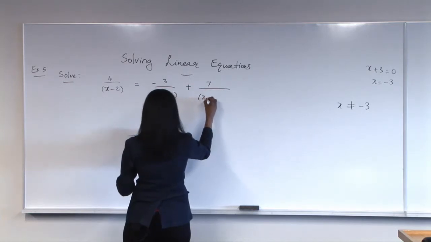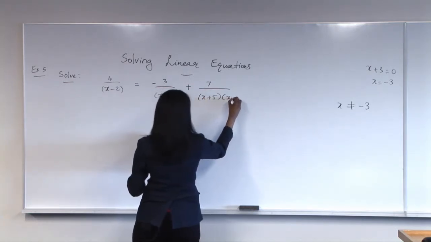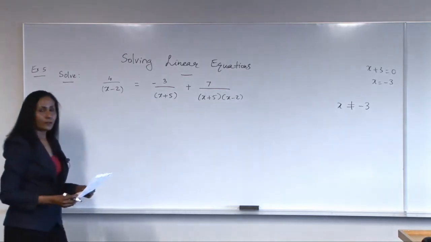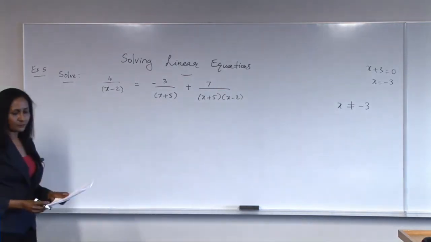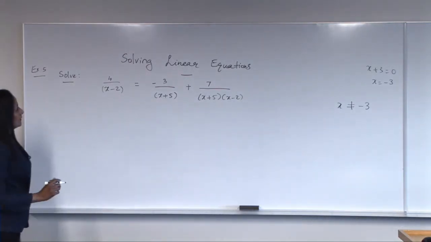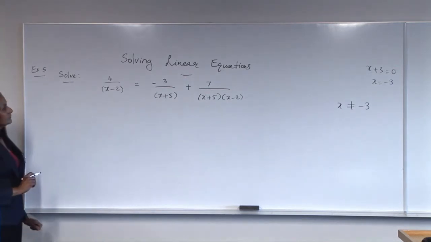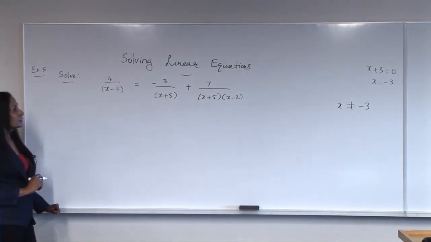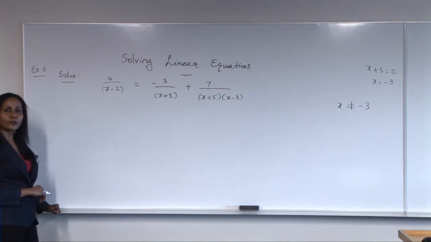So 7 over x plus 5 times x minus 2. So this is the problem. Here again, you are going to solve for x. And the first step is what?